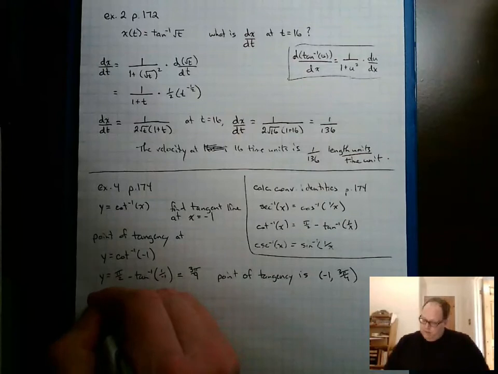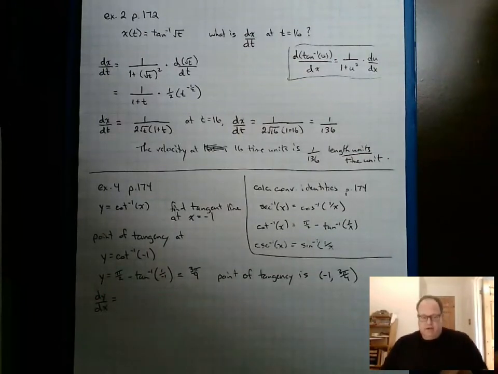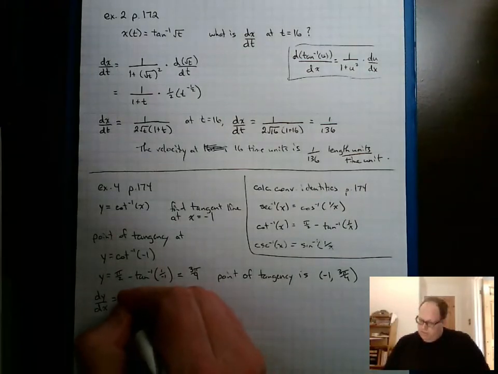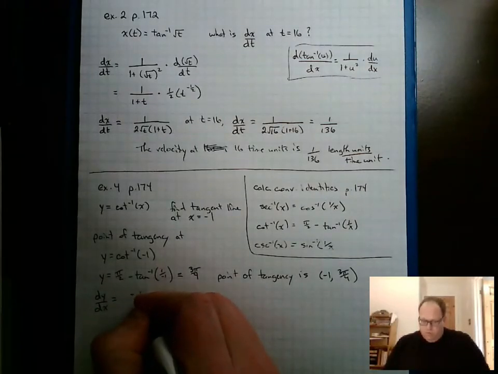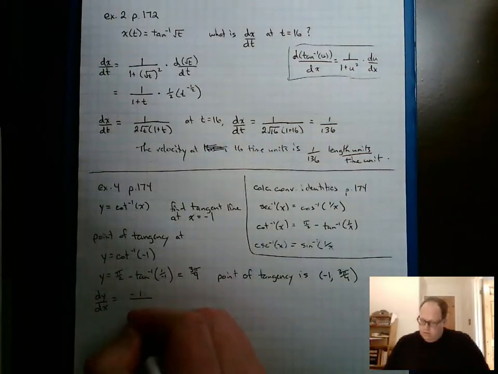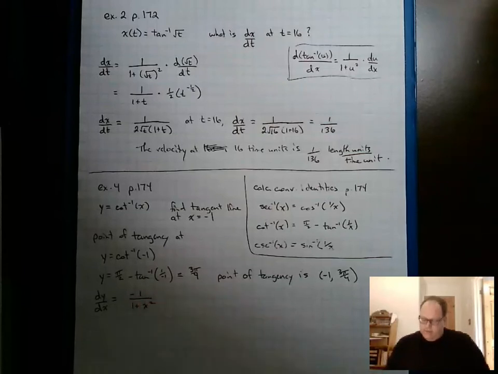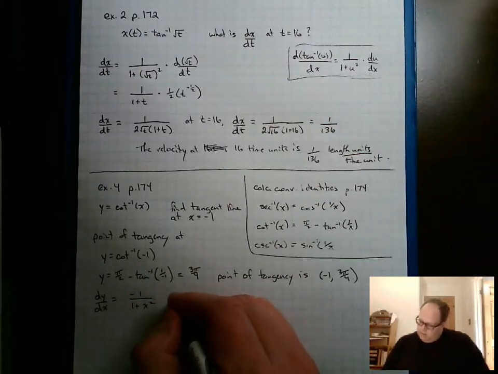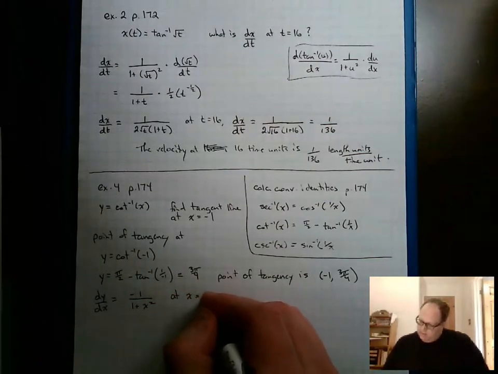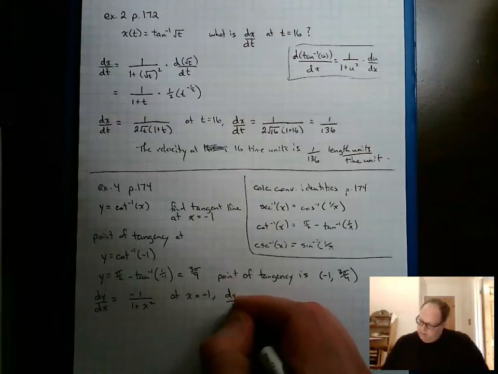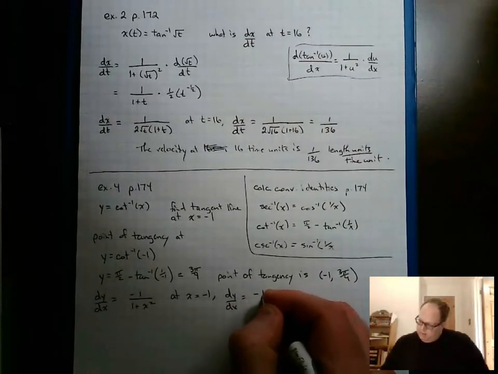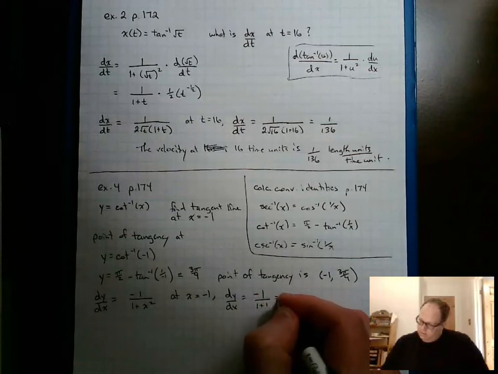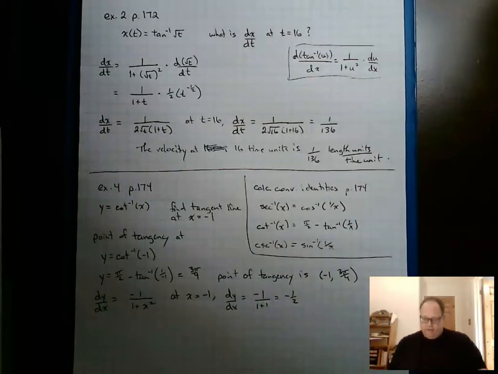So at that point I'm going to need my derivative, dy dx, and if you use your formula sheets, you can see that that is simply going to be -1 over 1 plus x squared. And once again, at x equals -1, the derivative is going to end up being -1 over 1 plus 1, or -1/2.